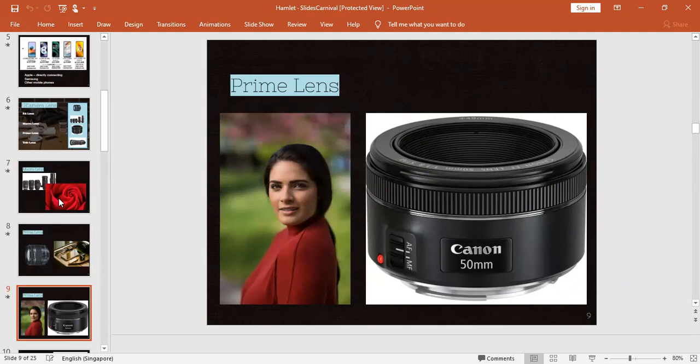Prime lenses are smaller, the smallest lens ever, and are a different type of lens which is used to take model shoots and also branding.